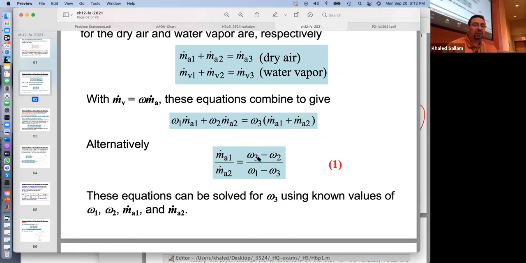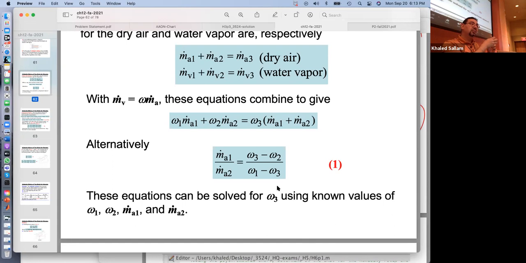You multiply this by 0, then omega 3 becomes omega 2. Right? So that equation makes sense. And it's basically saying that omega 3 will be equal toward the guy with the largest mass flow rate. If you have the large flow rate, you will bring omega 3 toward you.